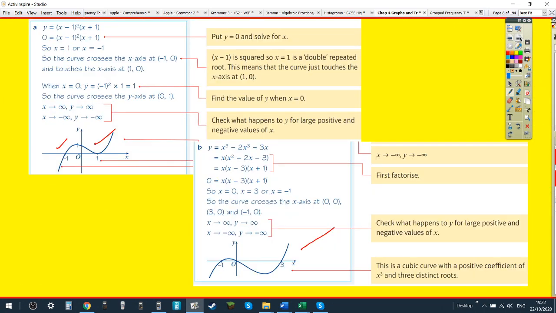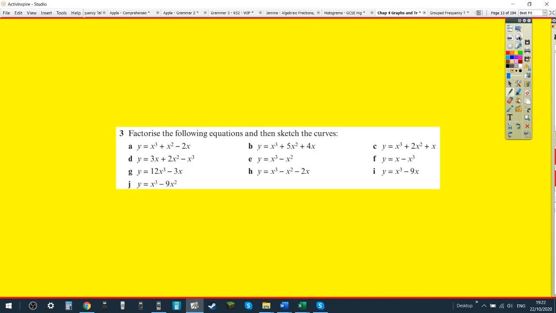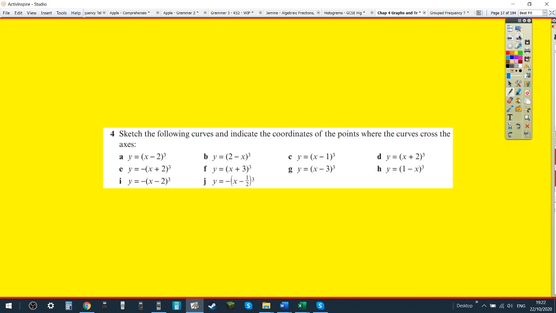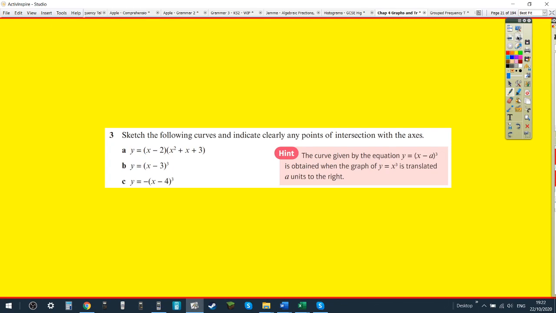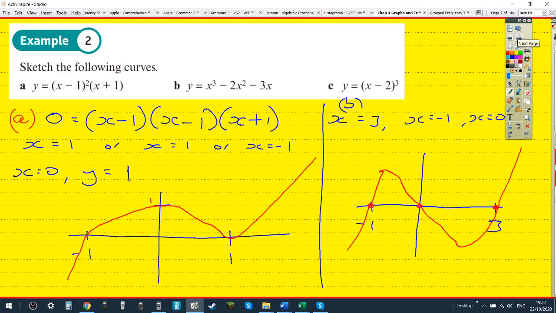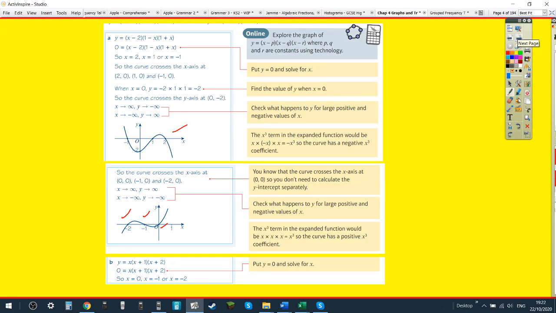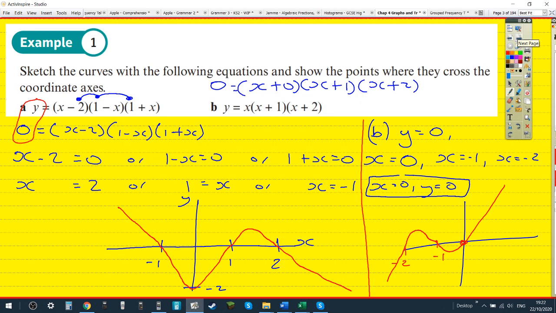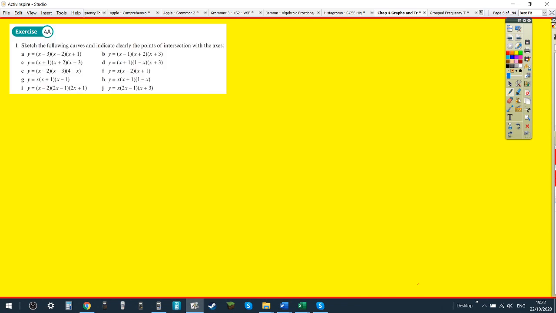So is ours positive? Our one was negative. What were the other two graphs? They just kind of worked out for us. This one down here, because we had a negative x, would expand to be negative x cubed. This one would expand to be a positive x cubed. So this one is starting top left, this one is starting bottom left.